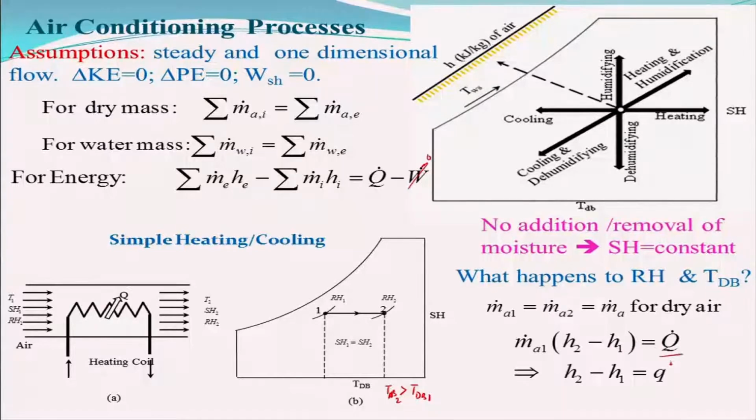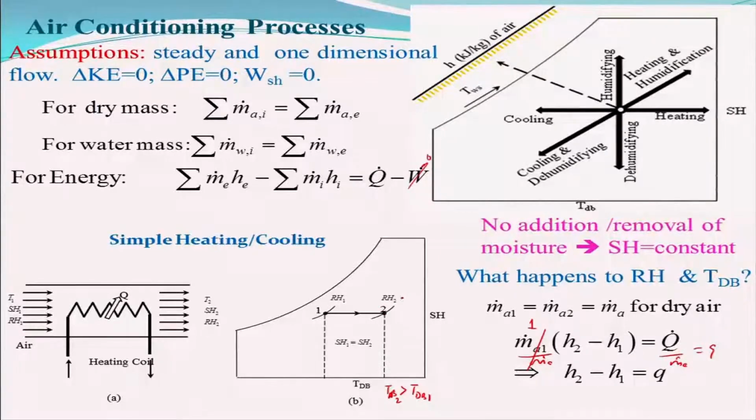If you divide by this m dot A, that is nothing but your Q. So H2 minus H1 is equal to Q. As a result, the TdB at station 2 will increase, and relative humidity is reduced.